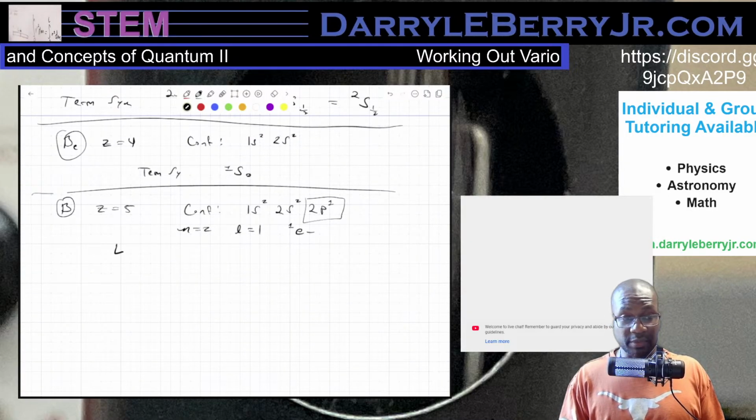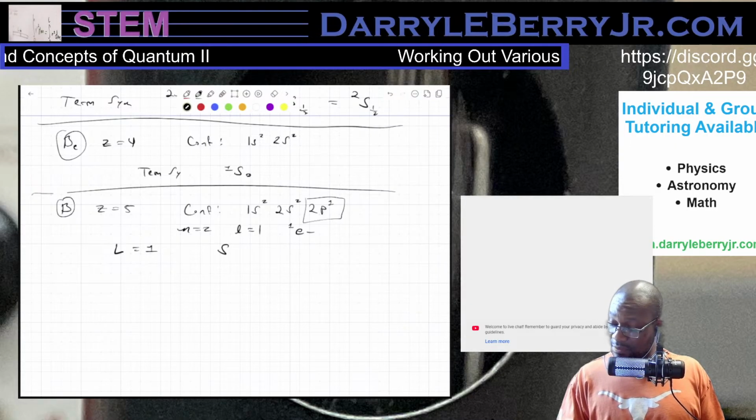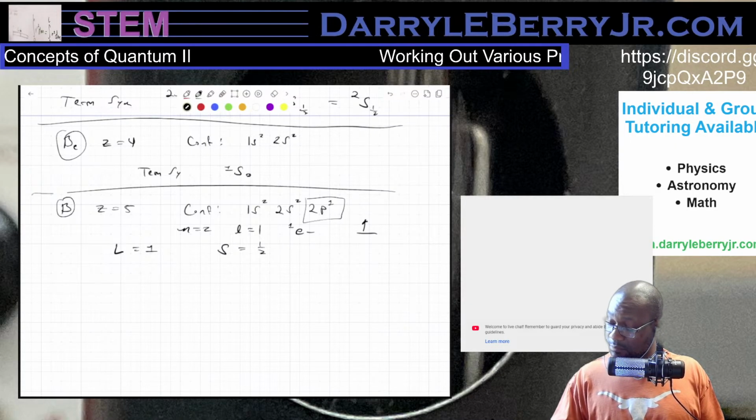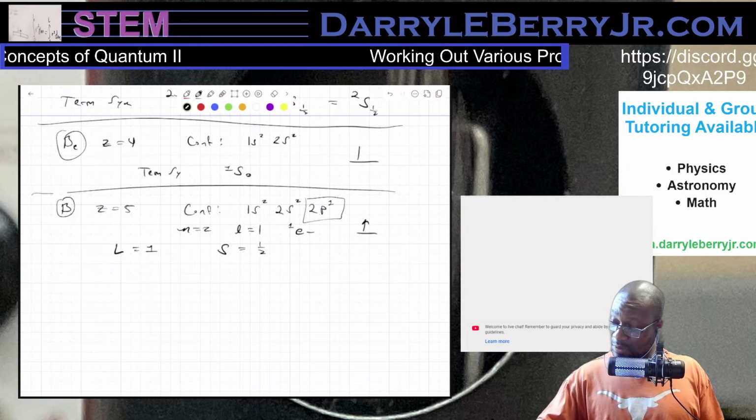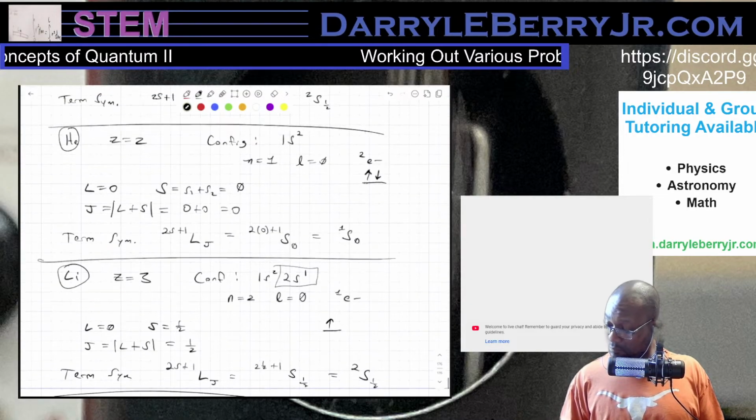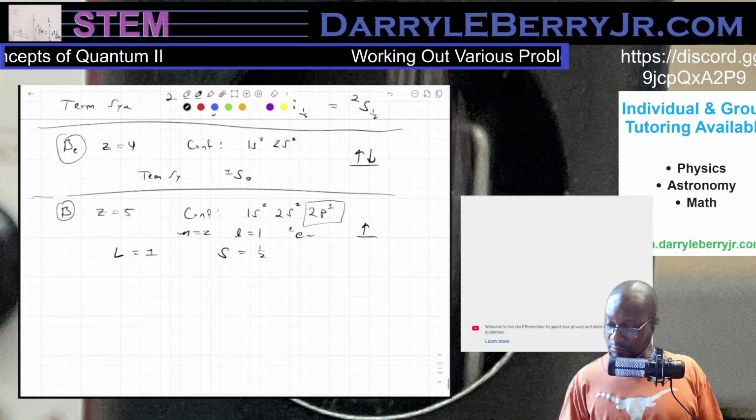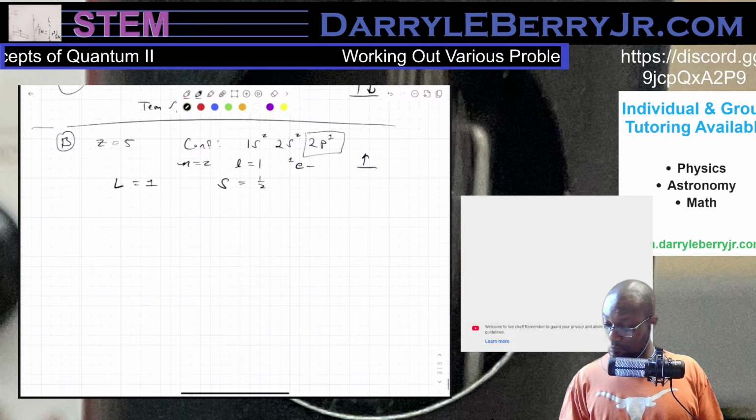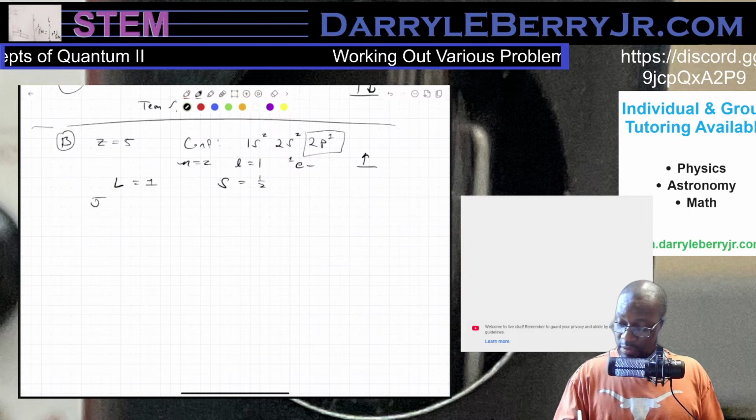So big L equals 1, big S equals 1/2. There's 1 electron. And here it was like this. J equals L plus S.